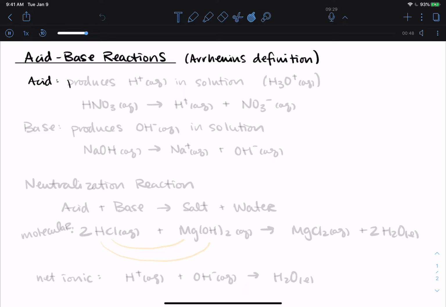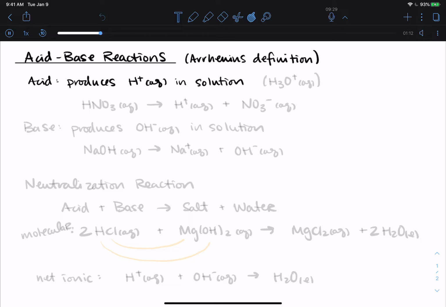So an acid, according to the Arrhenius definition, is something that produces aqueous H+ in solution. Now, you won't always see this written as H+ because you're not going to find H+ just hanging out by itself, but note that it is listed as aqueous.